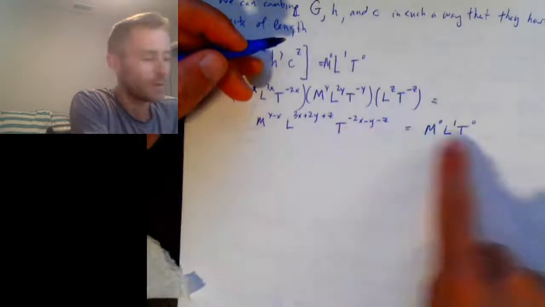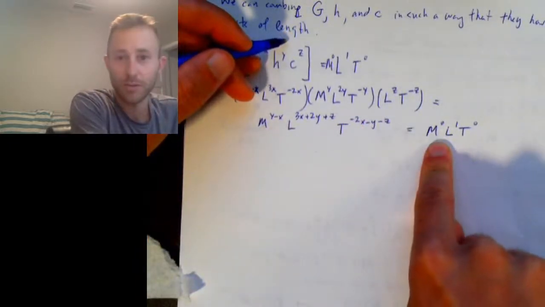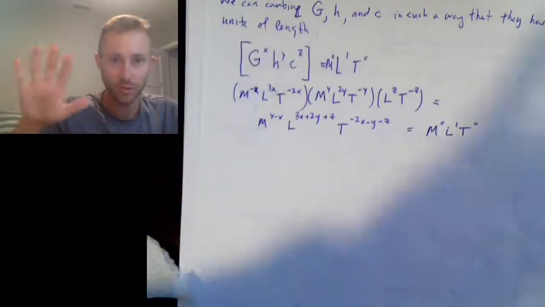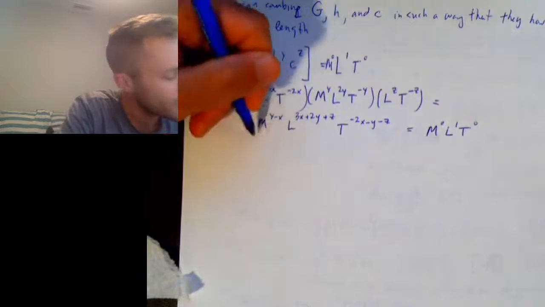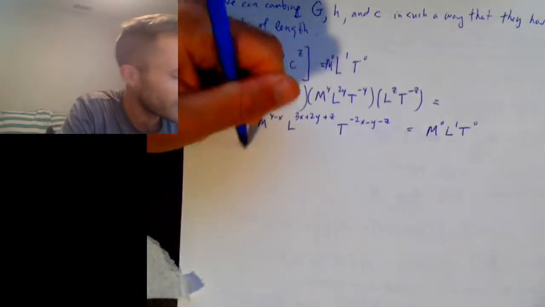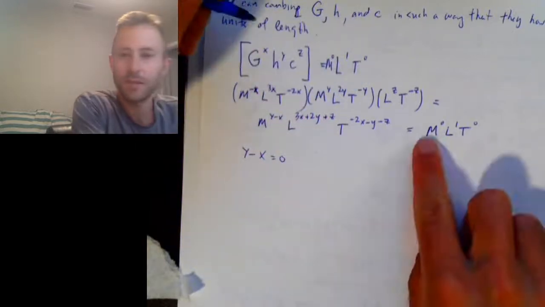Okay? Because the powers have to match. The power of mass on the left-hand side has to match the power of mass on the right-hand side in order for the units to match on both sides of this equation. Okay? So we have y minus x equals 0. That comes from matching the powers of m.